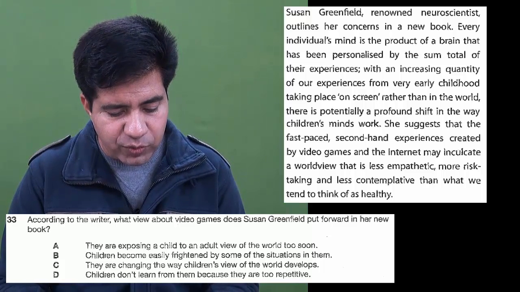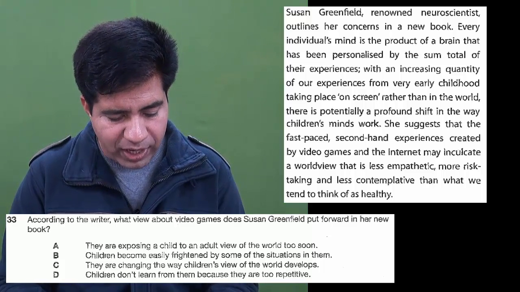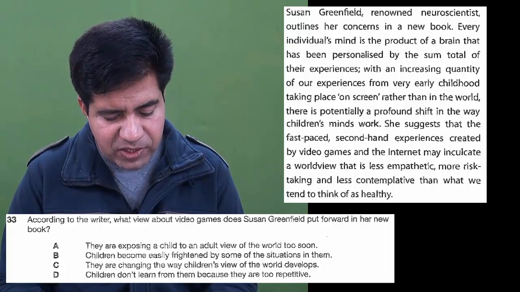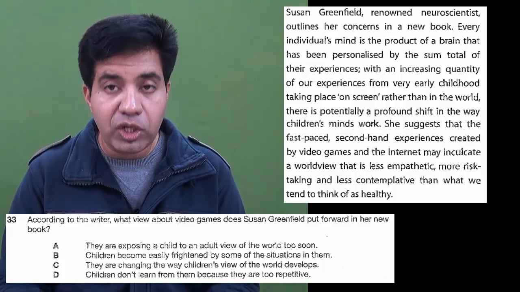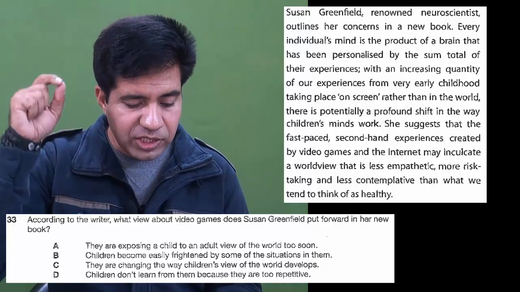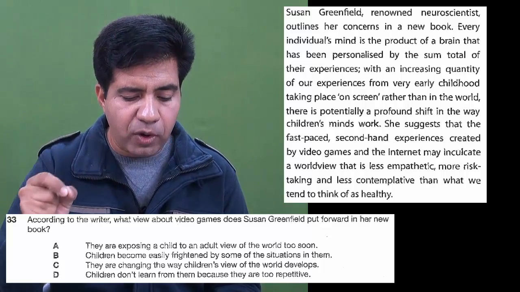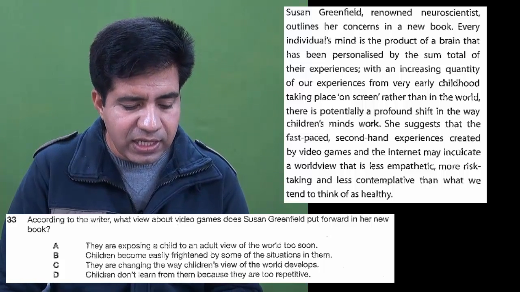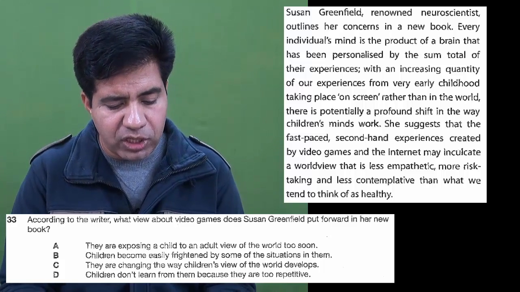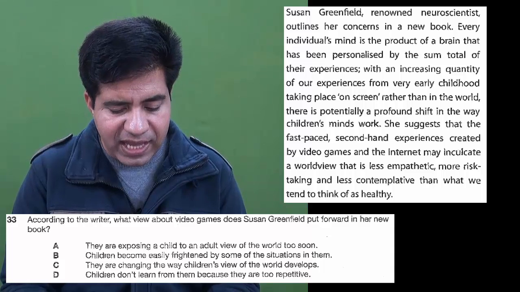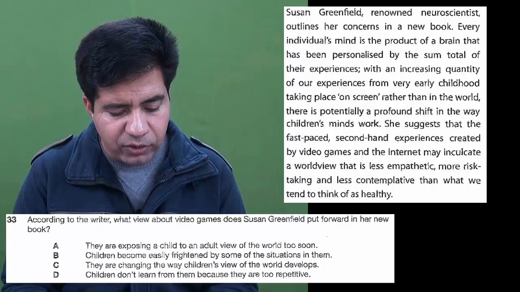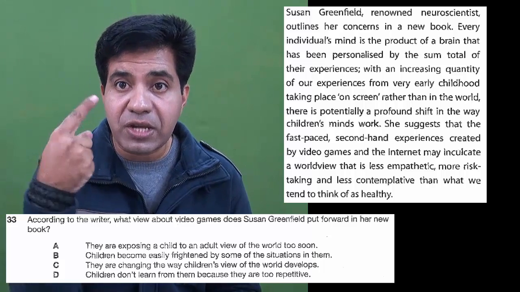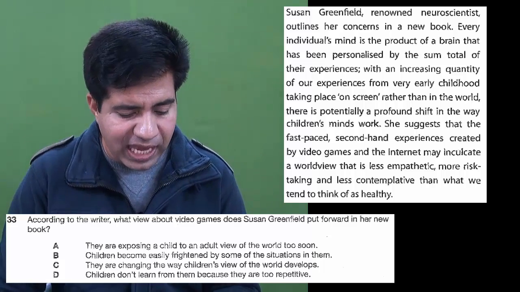Every individual's mind is the product of a brain that has been personalized by the sum total of their experiences, with an increasing quantity of our experiences from very early childhood taking place on screen. On screen means on video games, right?